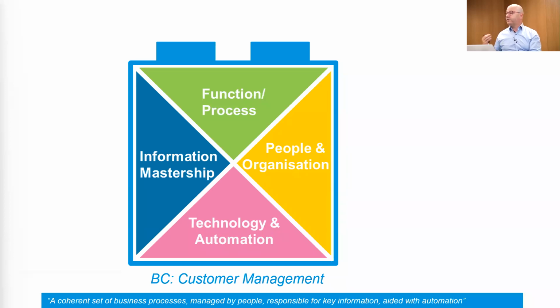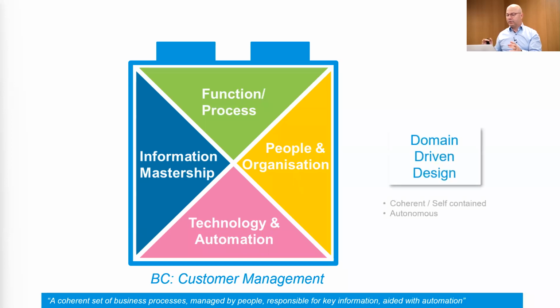And then if a business process or a set of business processes is executed, it's also responsible for a set of information. For example, if we have the business capability customer management as depicted here, then probably the processes are dealing with managing customers, and the information that is controlled or owned by this business capability is probably customer information.